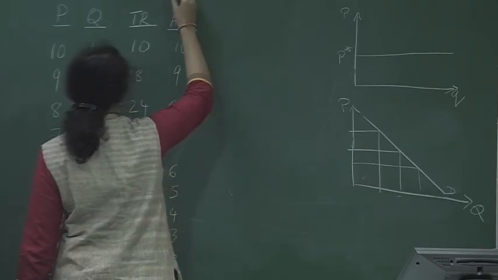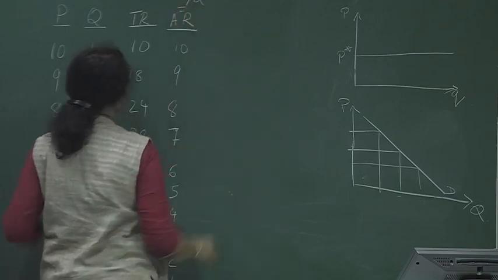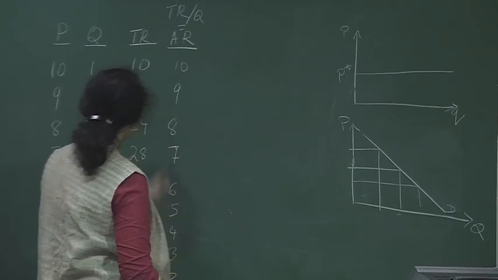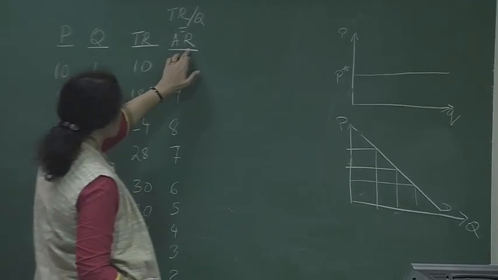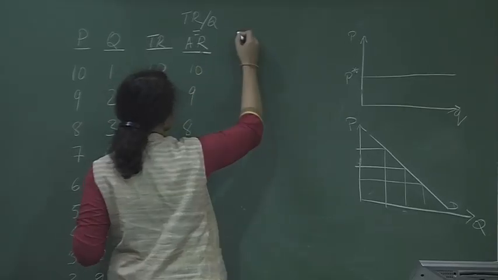Average revenue is total revenue divided by Q. So P is equal to average revenue, like in the case of perfect competition. Now, what is marginal revenue?